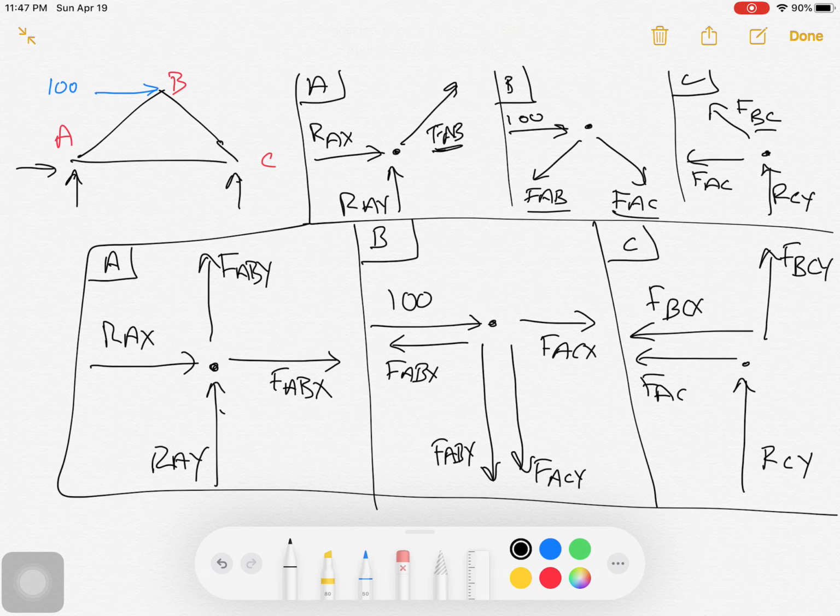So that's our next step to solving these kinds of problems. So our first step is finding those reaction forces, and the next step is finding a free body diagram for each joint, showing all the forces on that joint, both the forces that come from outside the shape, like reaction forces and applied forces, and also putting in the internal forces from the compression and tension of each of the individual members that's pushing on that joint.